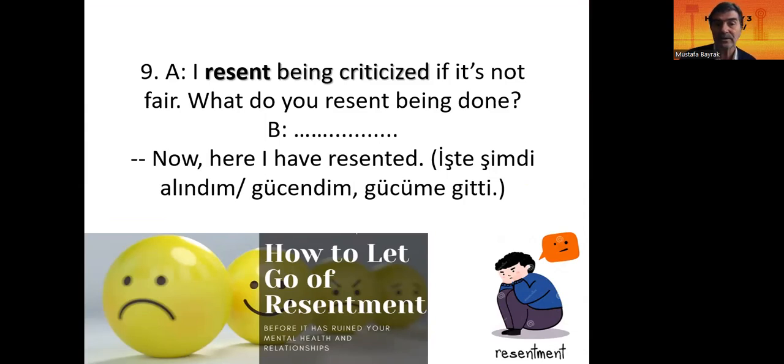Resentment is the noun form. Yes, before it destroys, before it gives harm to your mental health and relations. So you should let go of it. Let it go.